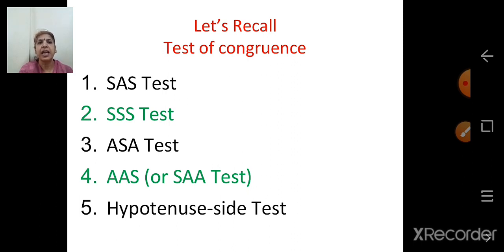Third one, ASA test, angle side angle test: two angles and the side included by them. Next is AAS, that is angle angle side, or SAA test. And the next one is hypotenuse side test. For hypotenuse side test, the given triangles should be right angle triangles.